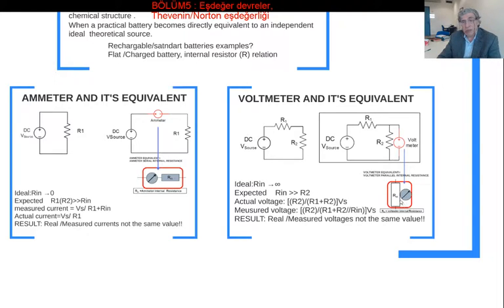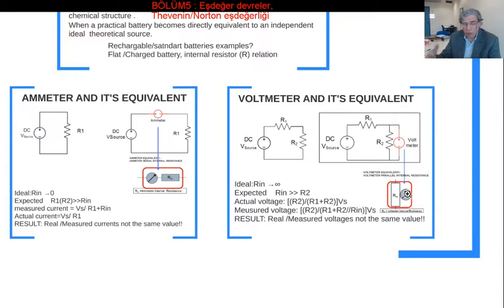For the voltmeter, if this resistance value is as high as possible, let's say in the ideal case infinite, it becomes the ideal voltmeter. The result is that real and measured voltages are not the same value due to the internal resistance of the voltmeter.